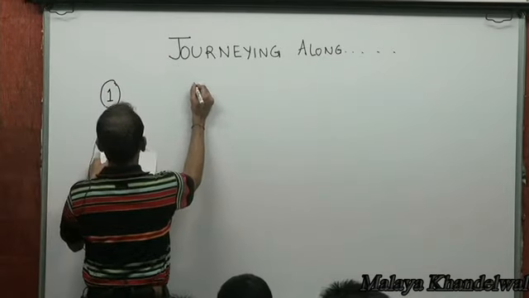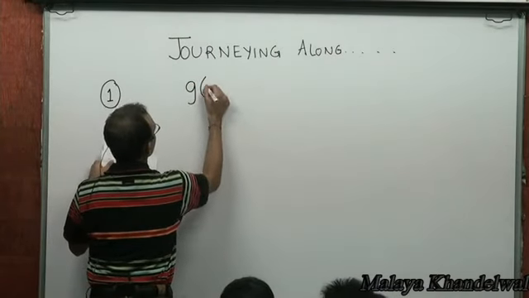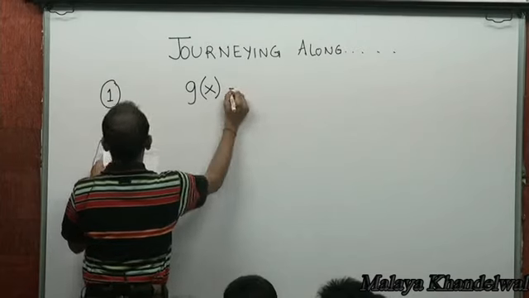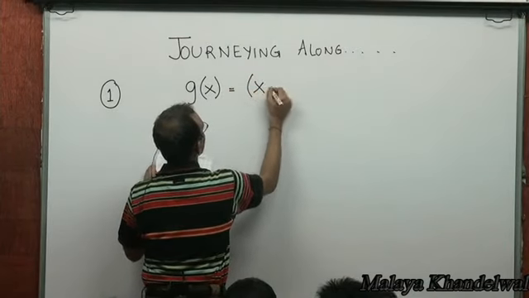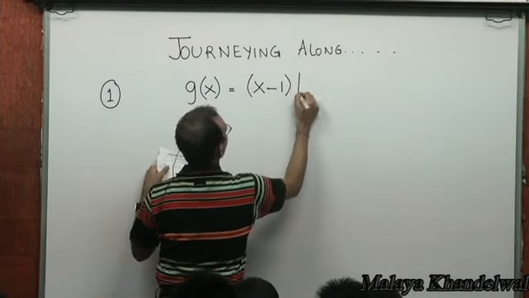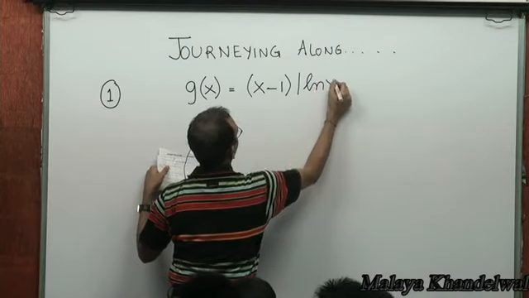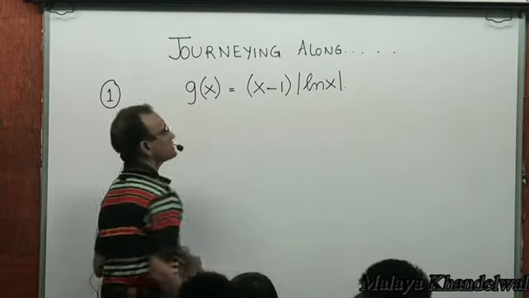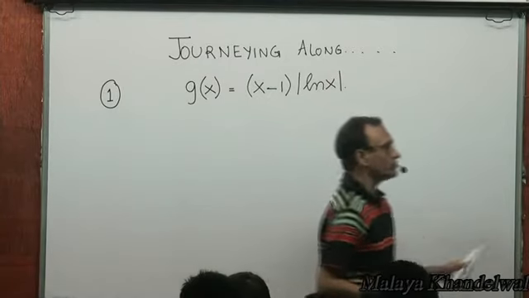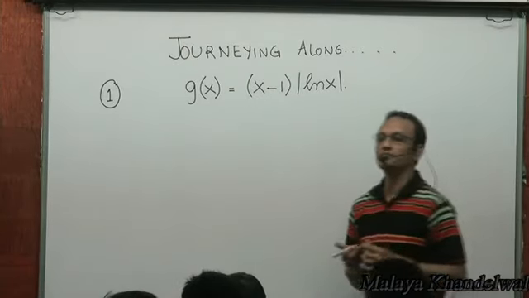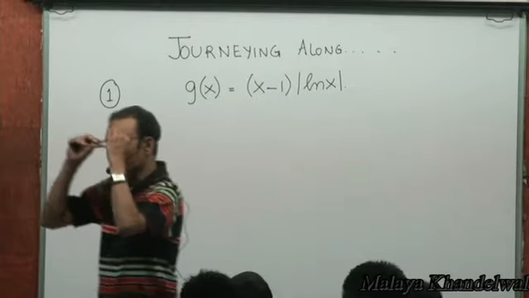is about a function g(x), which is (x minus 1) mod ln x. We want to check this function for differentiability at x equal to 1, right?